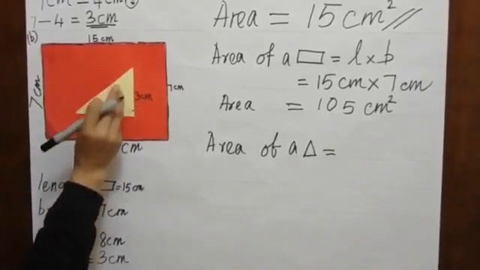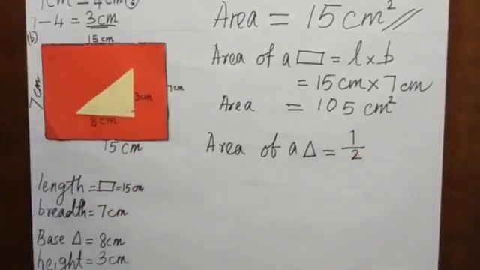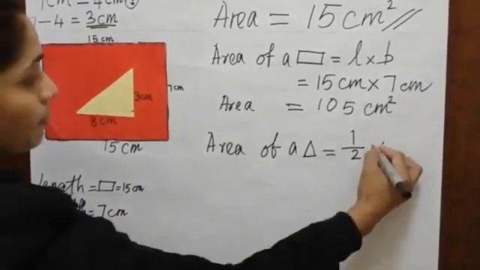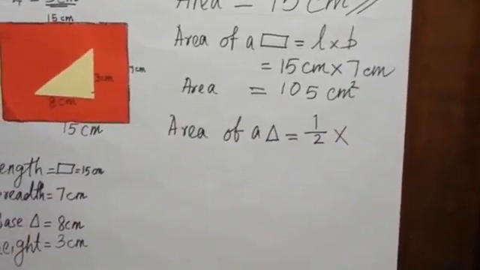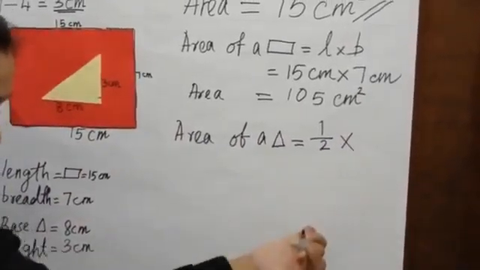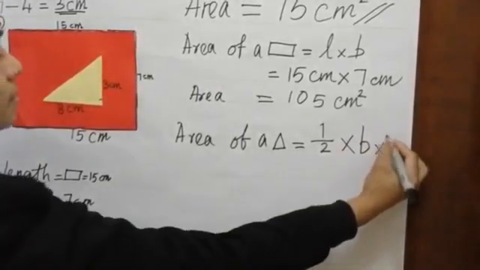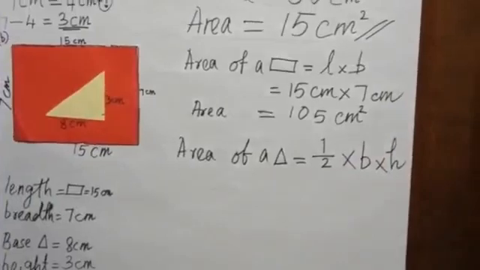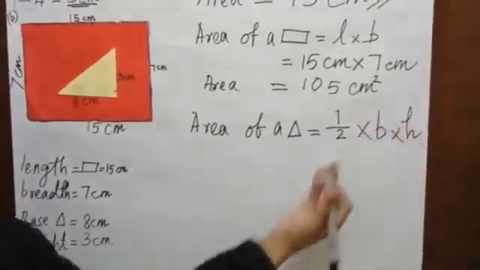The equation to find the triangle's area is half multiplied by base into height. So we will write there half, base multiplied by the height.